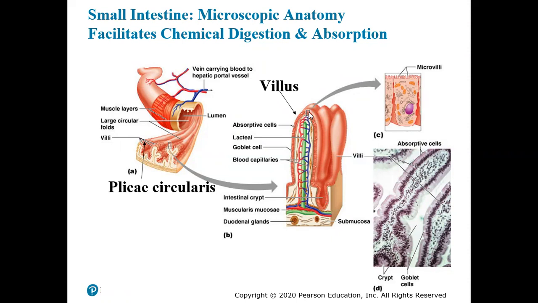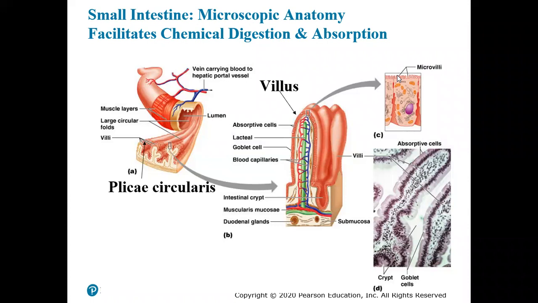Then there are hundreds of simple columnar epithelial cells that are lining each villus. This is a singular simple columnar epithelial cell of the small intestine, and then its plasma membrane has been made into microvilli. So a villus is made up of hundreds upon hundreds of simple columnar epithelial cells to create this structure.